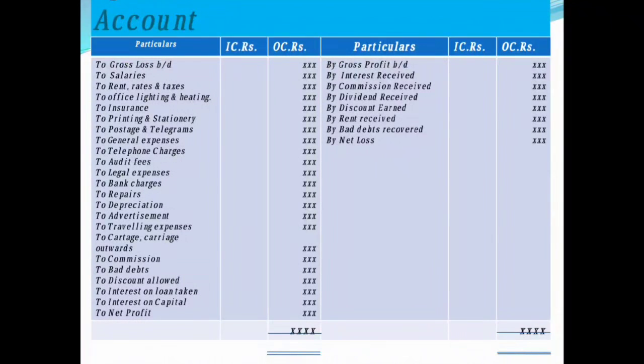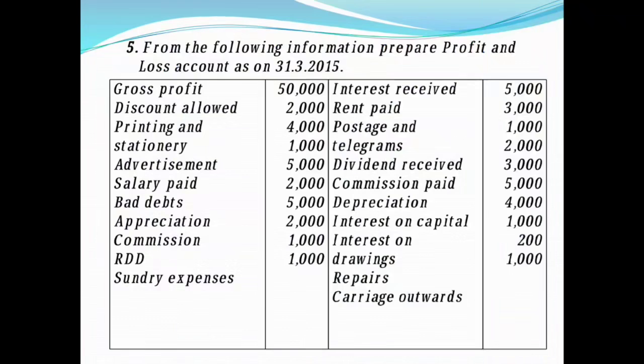Now on the debit side we will record salary, rent, office lighting and heating, insurance, printing, stationery, general expenses, depreciation, advertisements, repairs, bank charges, means all indirect expenses, all office expenses as well as sales expenses. These lie under the debit side of profit and loss account, and all the revenue incomes which you receive regularly are recorded on the credit side of profit and loss account.